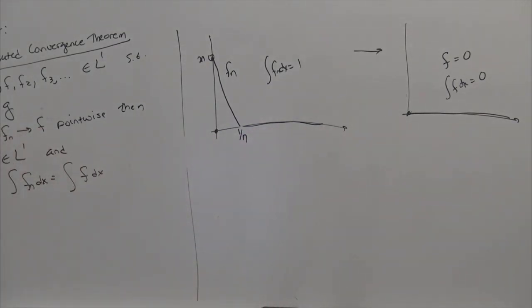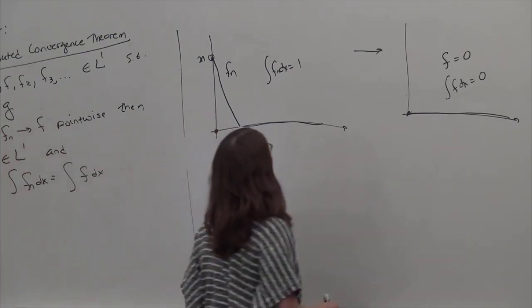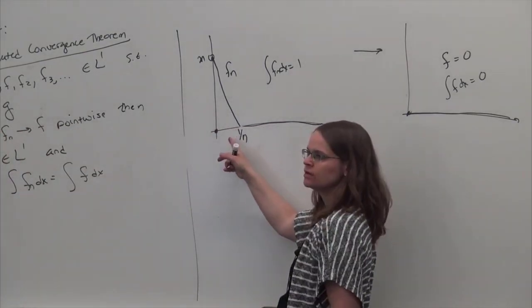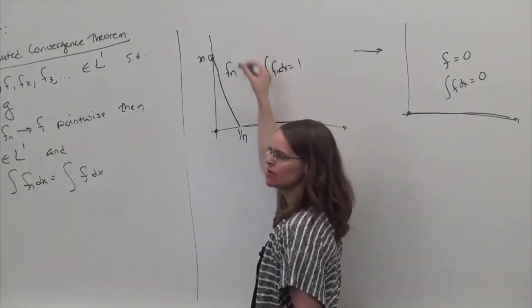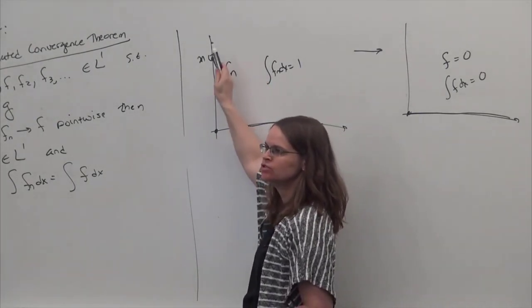The dominated convergence theorem would tell us stop, or we may be in a danger zone here. And it would, on the flip side, give us conditions where we know we're safe. We know that we can trust the values of the integrals. And the problem in this case, of course, is that I'm not going to be able to find an integrable function that is above everything in the sequence. The sequence is blowing up to infinity.